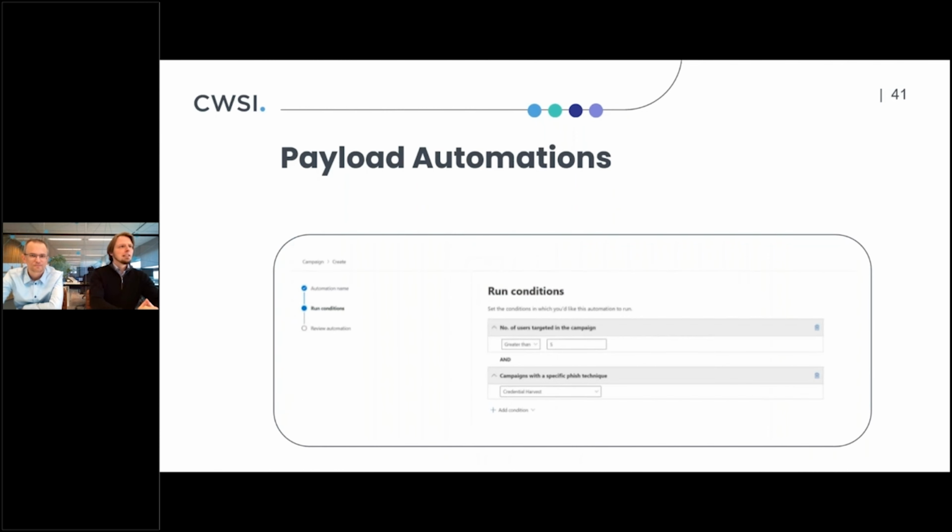The second one is maybe the least known automation. It's payload automations, and it was previously called payload harvesting. And this is a very interesting one if you're interested in creating custom payloads, so custom phishing emails, because this is one of the main advantages: this entire platform is included in the same license as the phishing protection of Defender for Office 365 Plan 2.